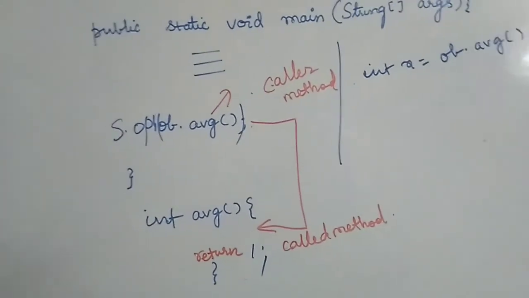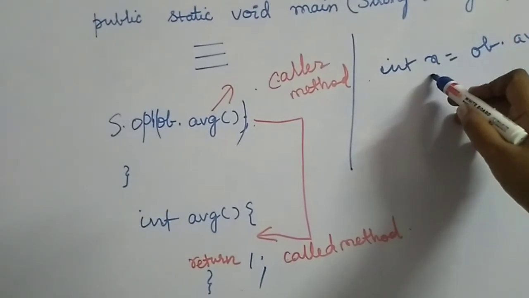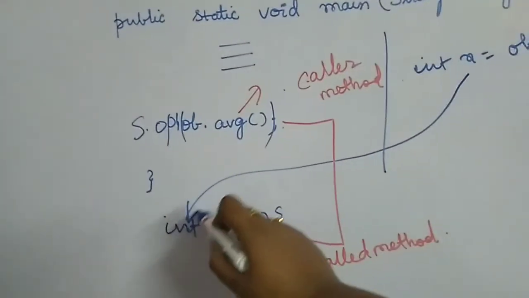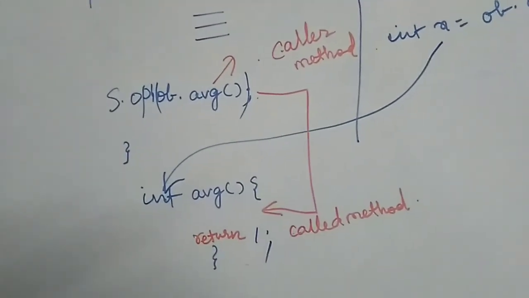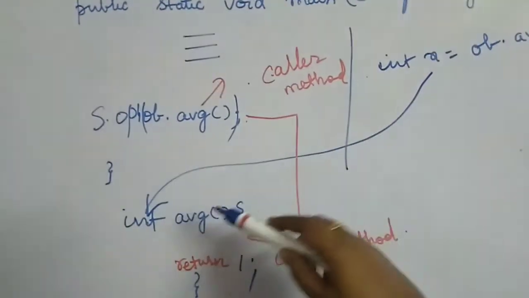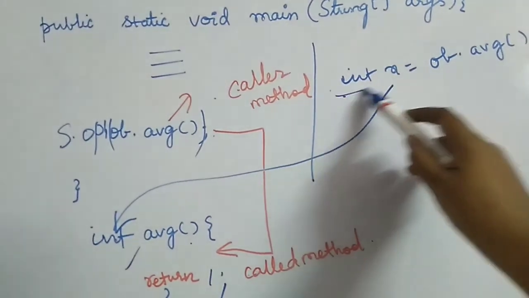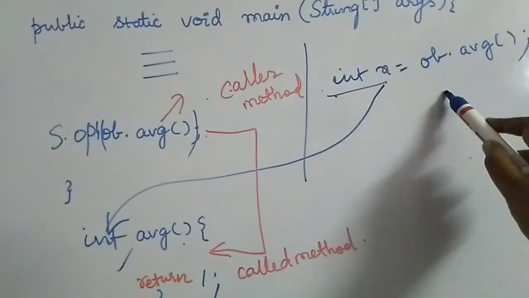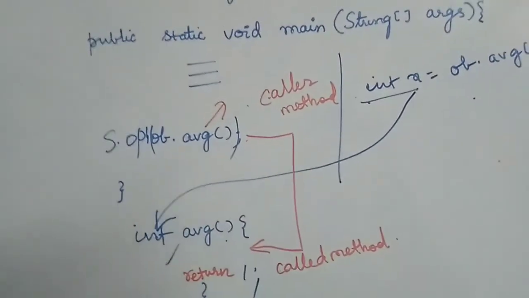But if it is returning something, then the variable that is going to catch this return value should be compatible with the type of the called method. Because this has a return type of integer, the variable in the caller method that holds the returned value should also be of that type. So there should be type compatibility there.